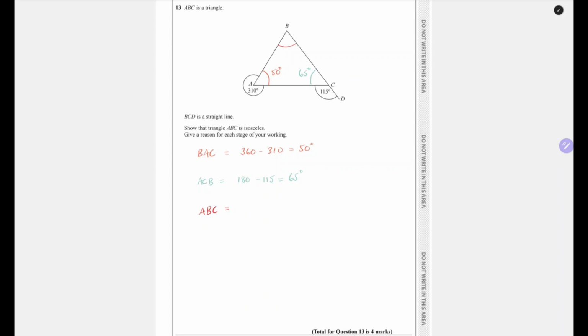And we know that the total amount of angles in a triangle is 180. We've worked out the other two, which is 50 and 65. So we can minus that, minus 50, minus 65, and that equals 65. So this angle here is 65 degrees. And so because angle ABC is equal to angle ACB.